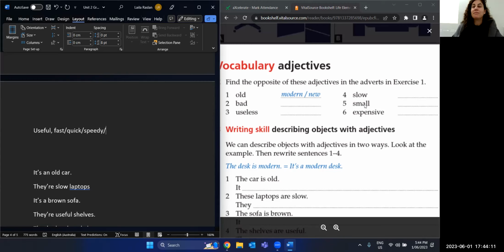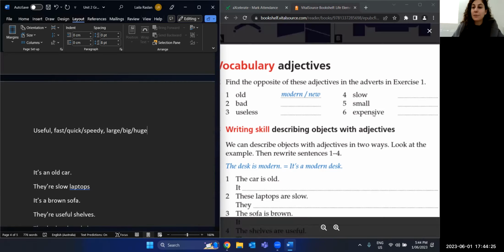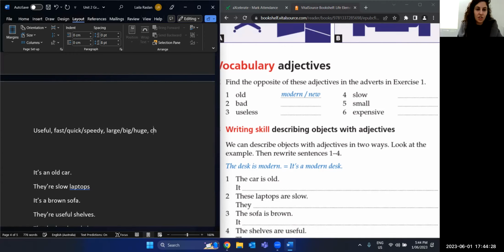Small, large, big, huge, depends what it is. Expensive, cheap, inexpensive.